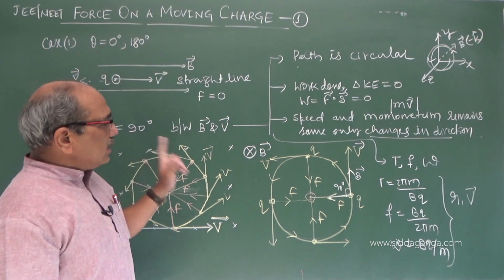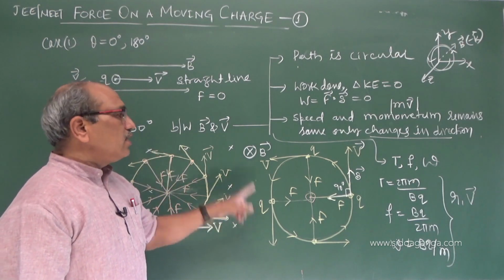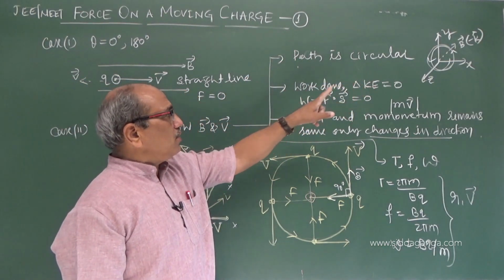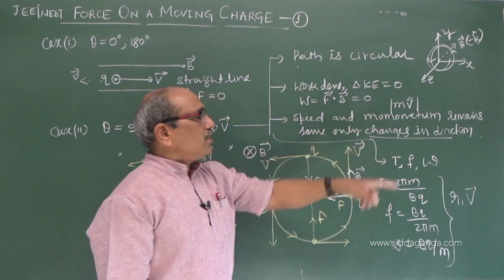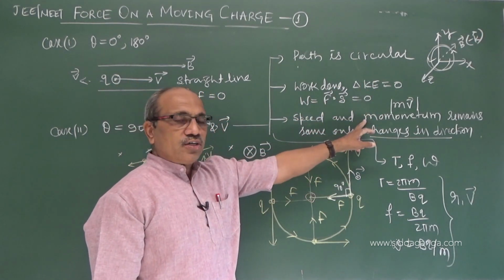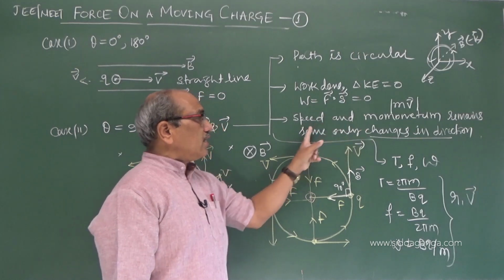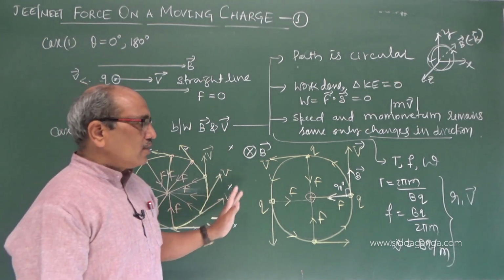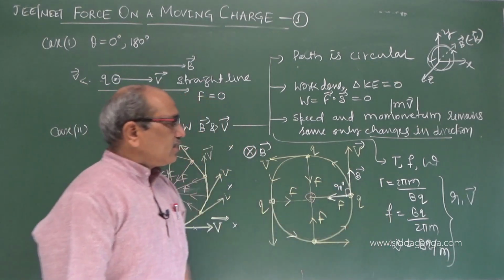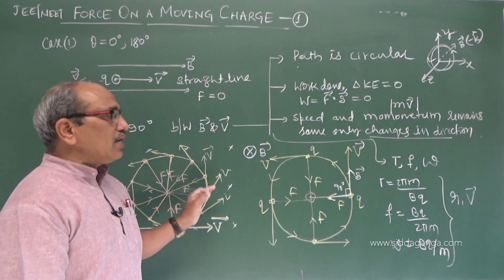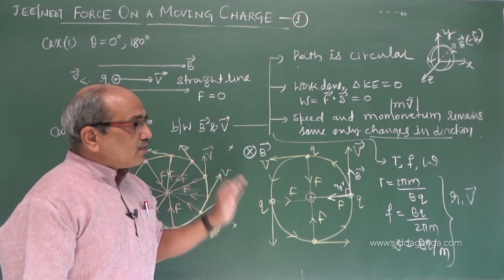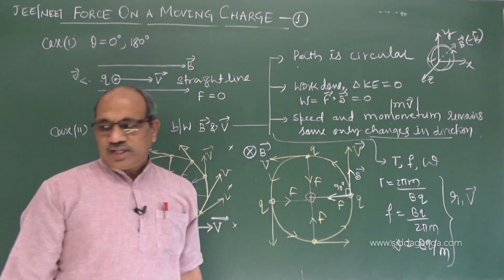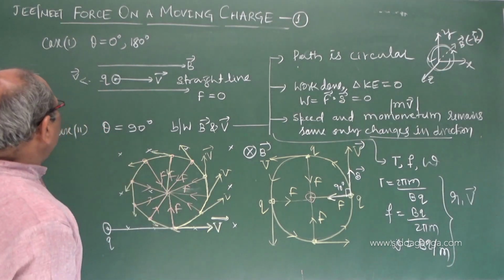But when it enters perpendicular to the magnetic field, it describes a circle, the path is circular in the xy plane perpendicular to B. No work is done, no change in kinetic energy, the magnitude of speed and momentum remains the same, only the direction of the speed and momentum changes, with no magnitude variation. The period, frequency and angular frequency of the charged particle in the magnetic field are independent of the radius of the circular path or the velocity. That is an important point you have to remember.